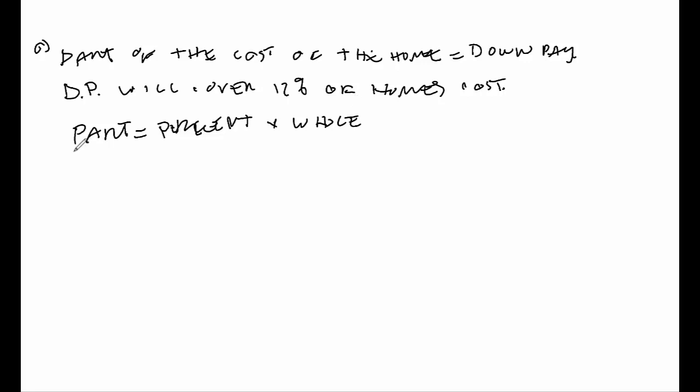And in this case, the part is our down payment. Our percent, well, we convert that into a decimal. That's our 12% in a decimal form. And the whole is the house we can afford, or home we can afford.